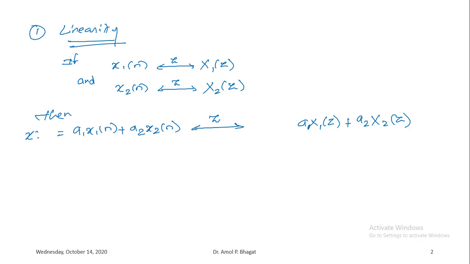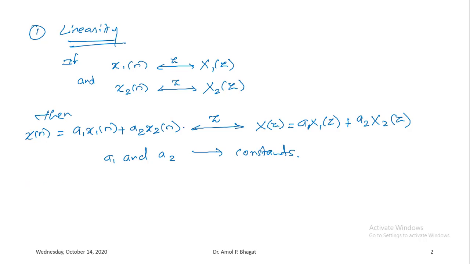I can simply say that this signal is x of n, and the Z transform of the linear combination is capital X of Z. So the linear combination of x1 of n and x2 of n has the Z transform of the same linear combination of their respective Z transforms, where a1 and a2 are constants.